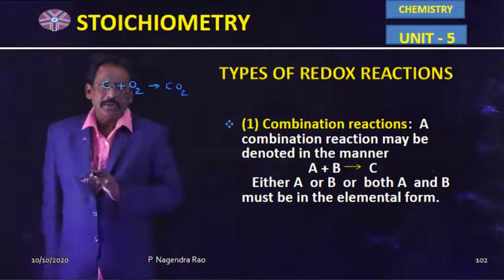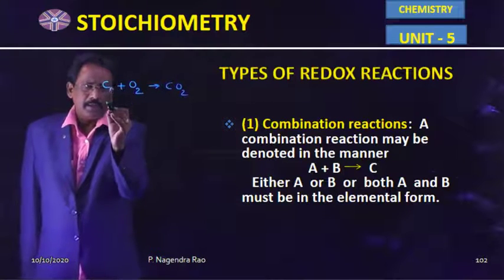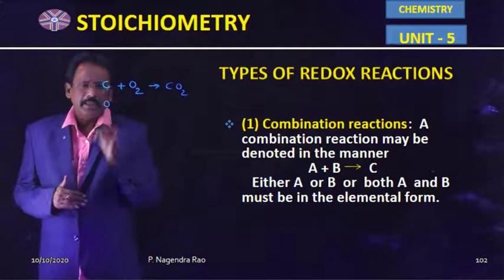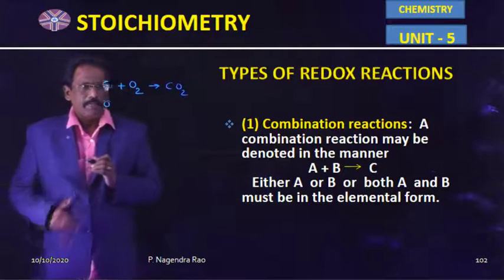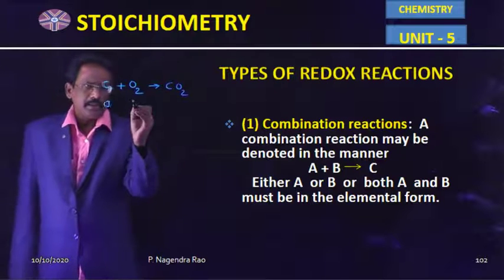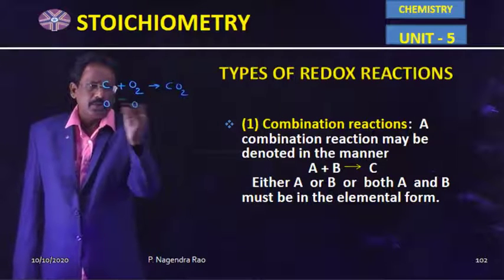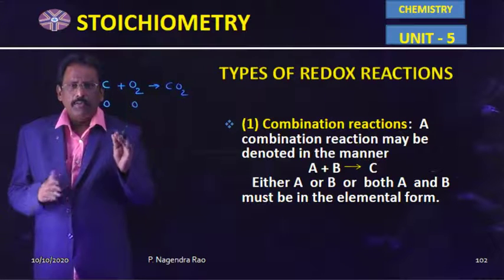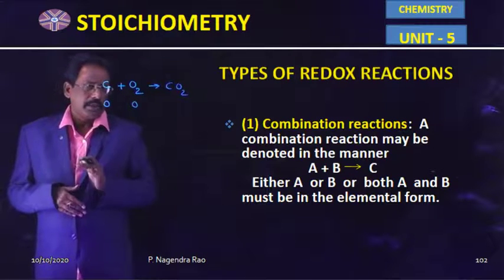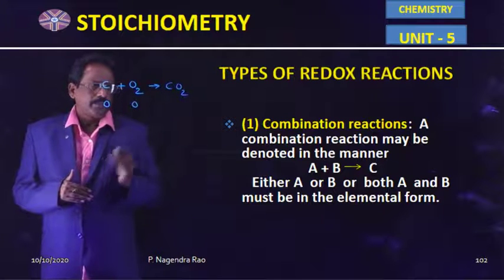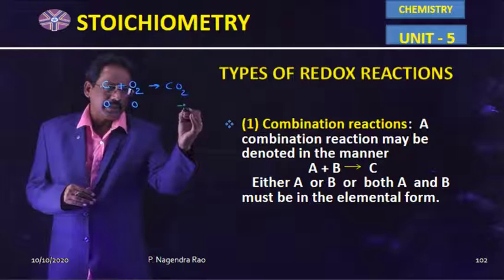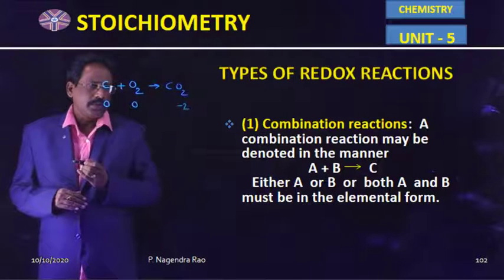In this reaction, carbon oxidation state is 0 because it is in elemental form, and oxygen oxidation state is also 0 because it is a homoatomic molecule. But in CO2, oxygen oxidation state is -2.